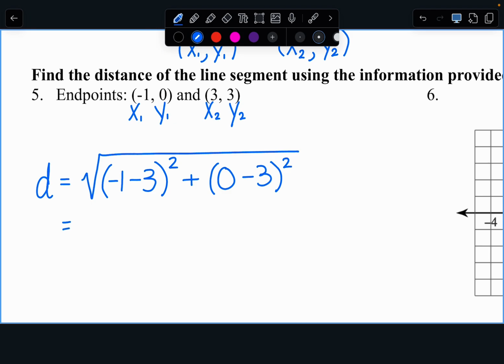So we're going to simplify what's in those parentheses first. -1 minus 3 is -4, and that's being squared. The parentheses are really important though, so make sure you have those. And then plus 0 minus 3 is -3, squared.